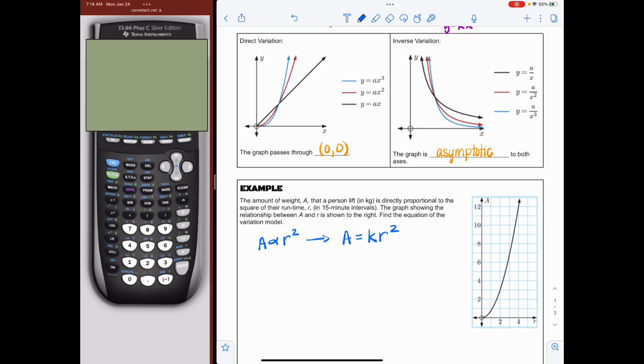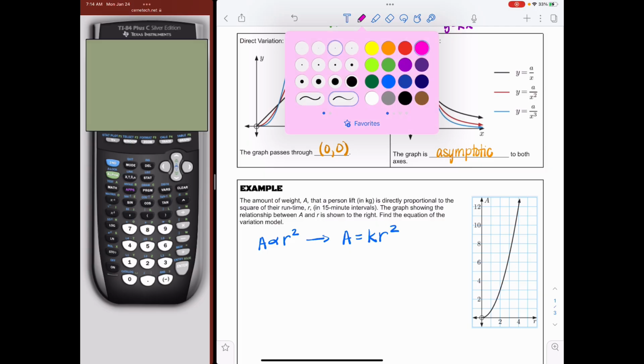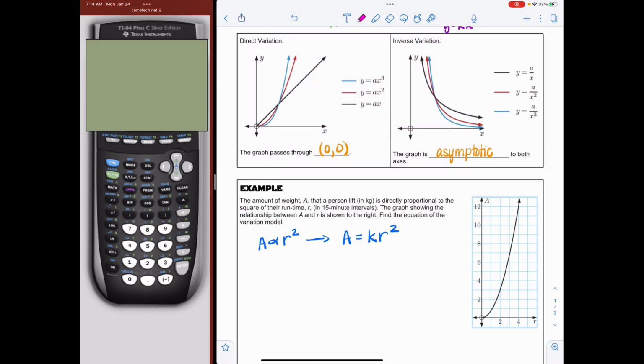So the way that I'm going to do that is I'm going to select a random point. So the point that I'm going to select here is going to be 2, 3. Okay, so that means if I select 2, 3, I'm going to end up getting 3 is equal to k times 2 squared.